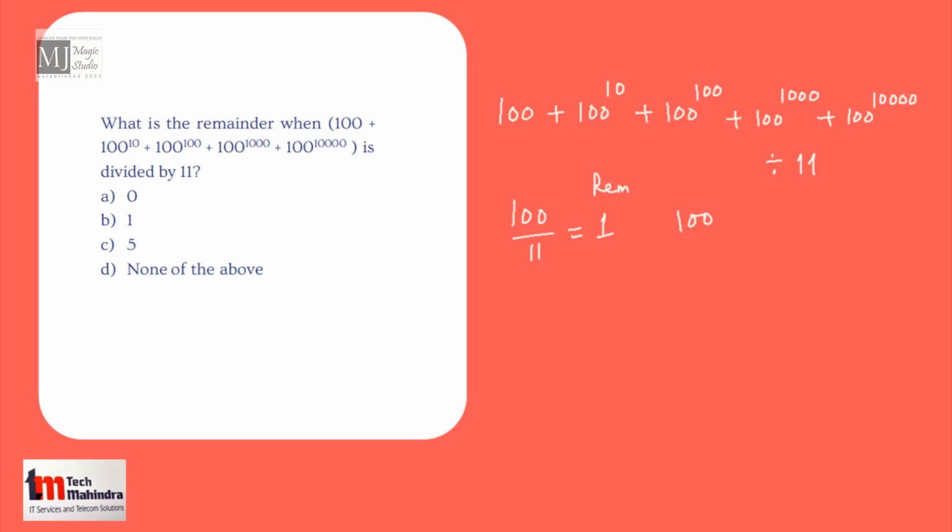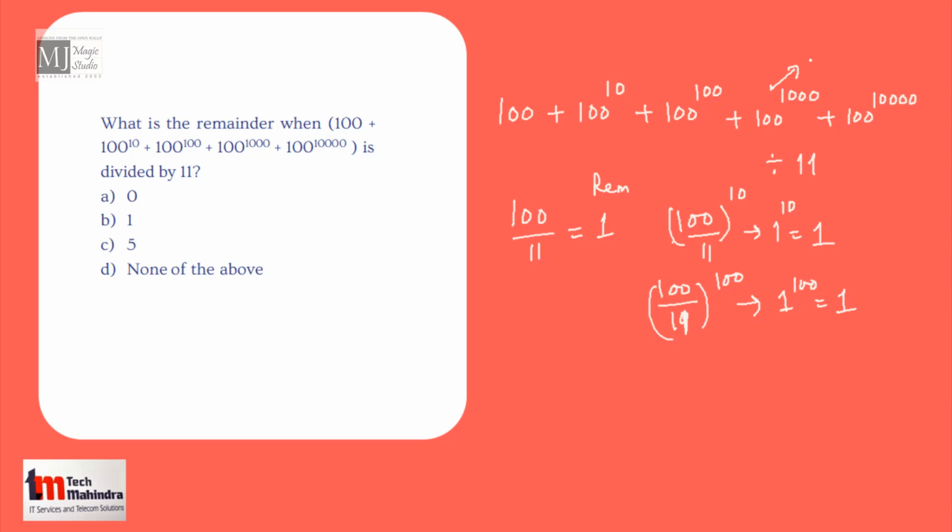Similarly, 100 to the power 10 when divided by 11 will leave remainder 1 to the power 10, that is 1 again. 100 raised to the power 100 divided by 11 again will leave remainder 1 to the power 100, that is 1.